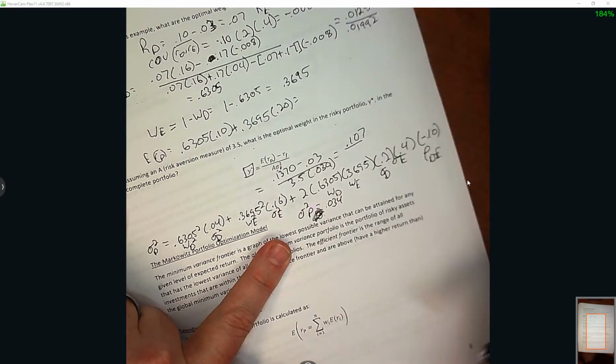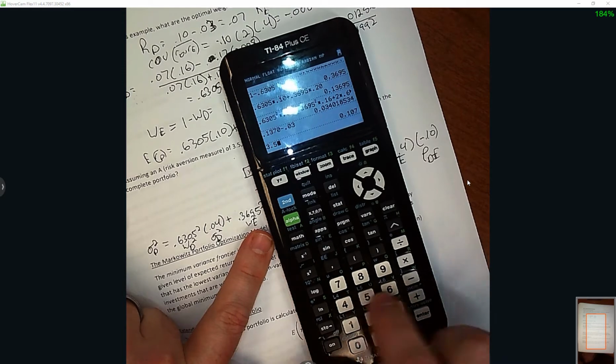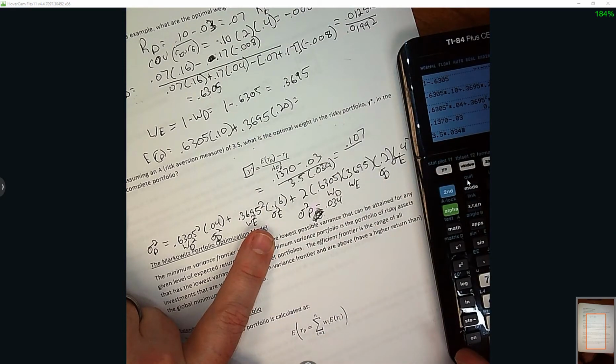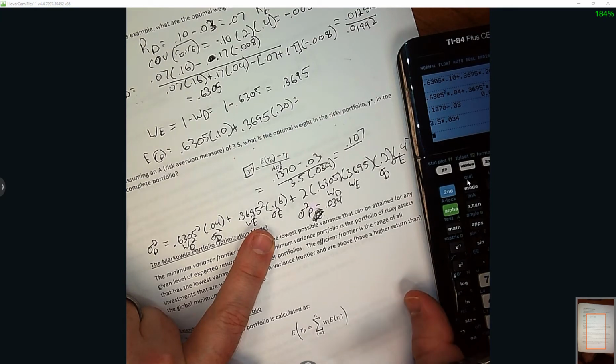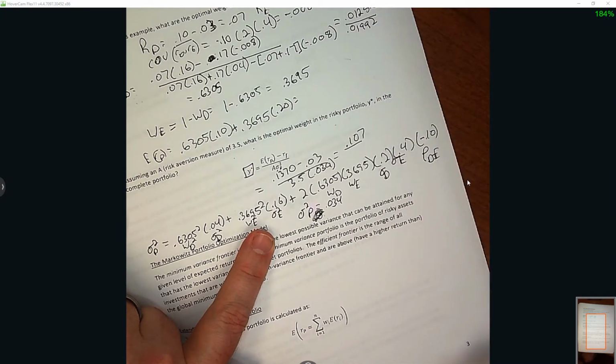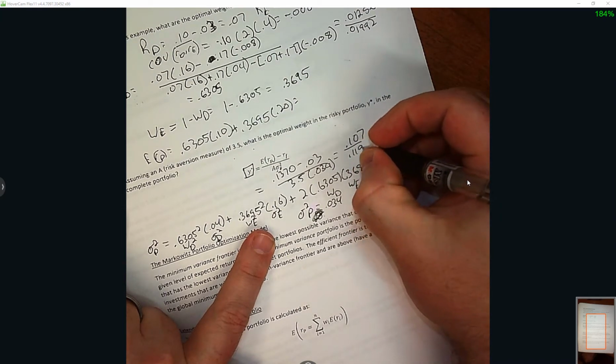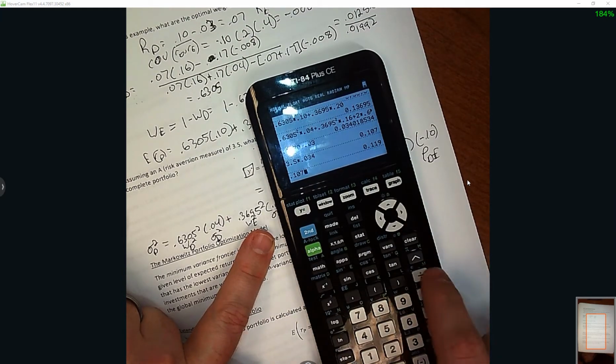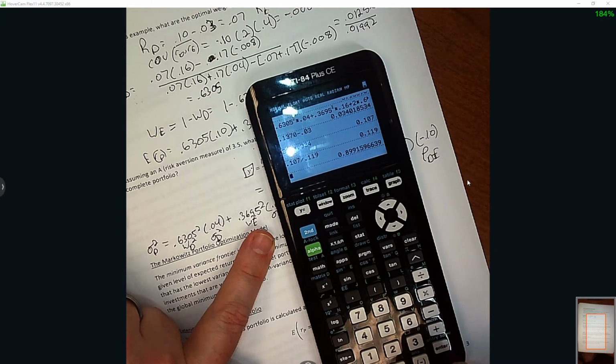And our denominator is 3.5 multiplied by 0.034, which is equal to 0.119. And so our answer is 0.107 divided by 0.119, which gives us an answer of 0.899.